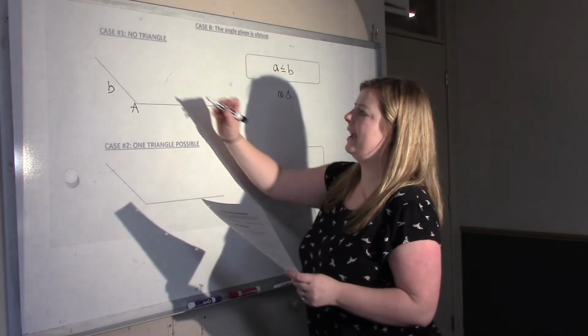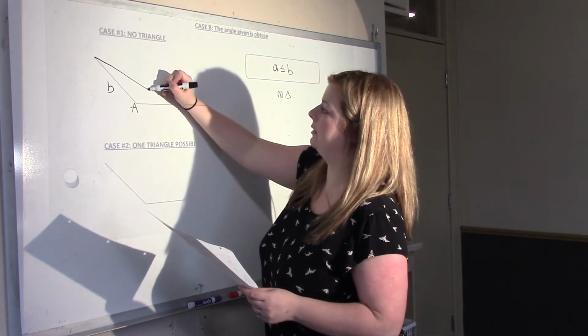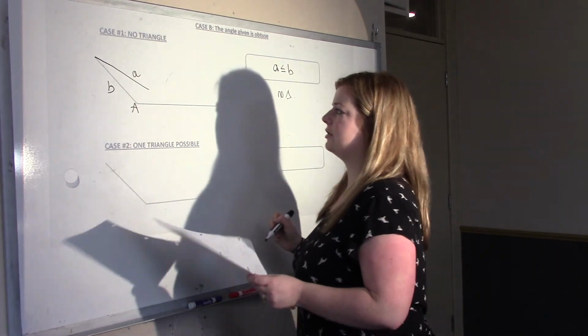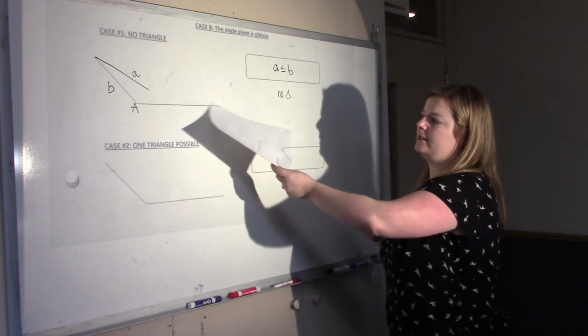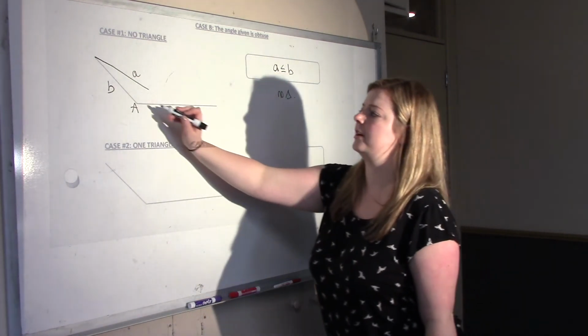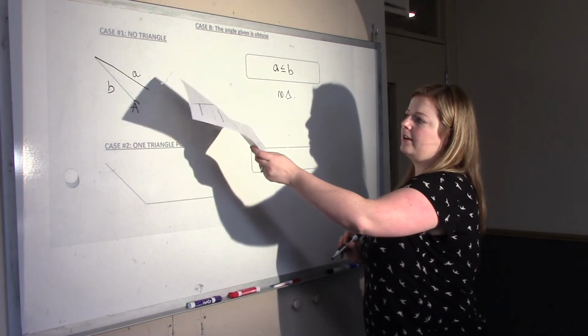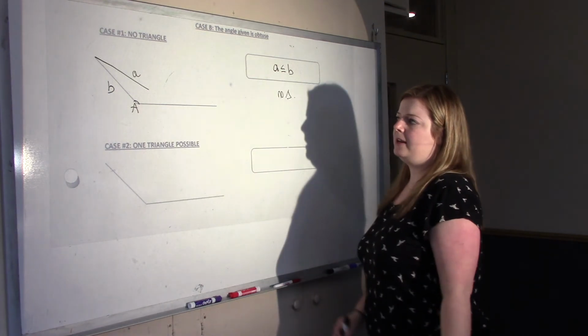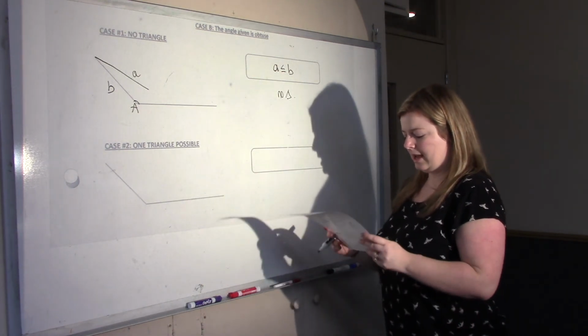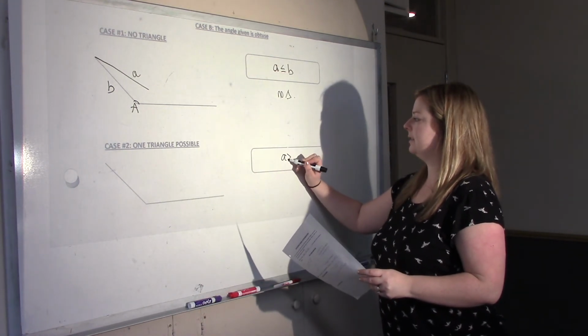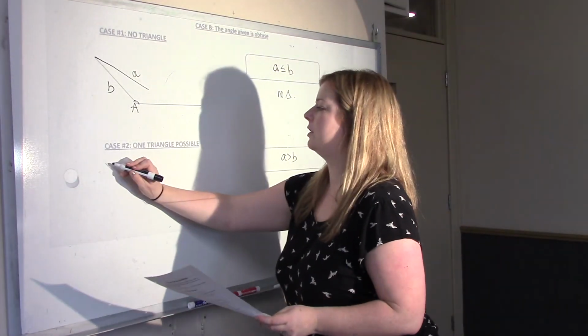Okay? So A is too short to actually complete and ever touch this third side length because you are given this angle, so you know it has to be that big. But A isn't long enough since it has to start over there at B. That's no good. But if A is greater than B, then you just create one triangle.